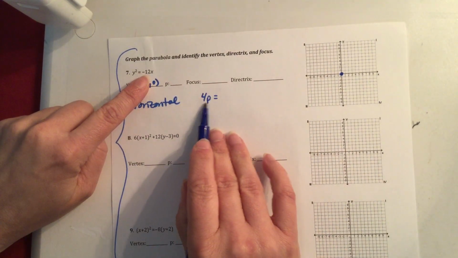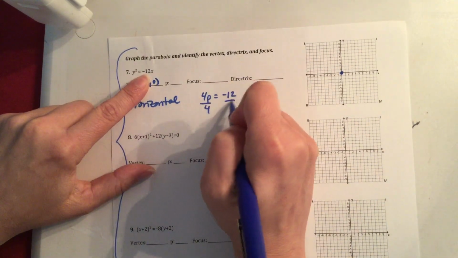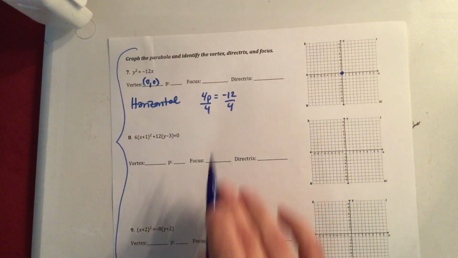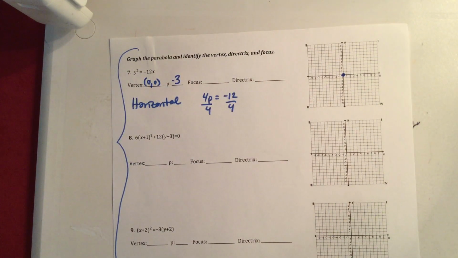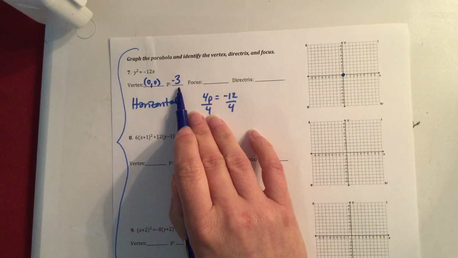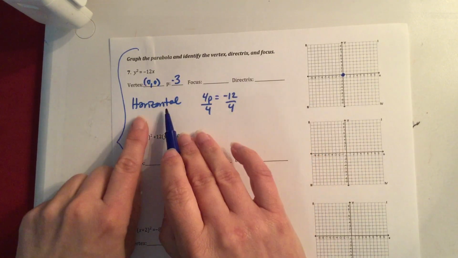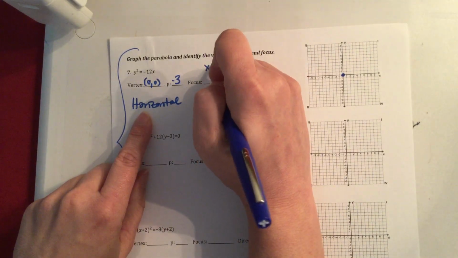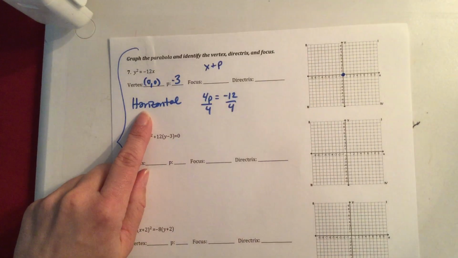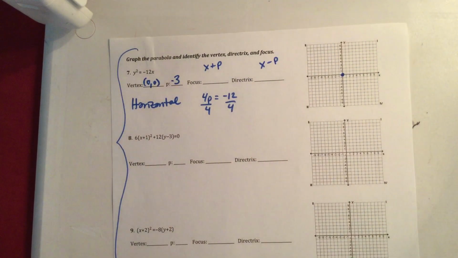Well, in our case, 4 times p equals -12. So if I divide both sides by 4, I will find that p equals -3. Now, the reason why I need to know this is because this is how I find the focus and the directrix. It's horizontal. So to find the focus, I have to take x plus p. To find the directrix, I take x minus p.